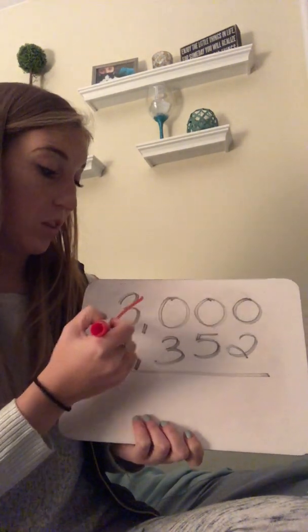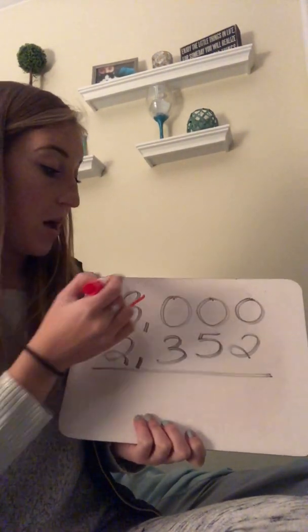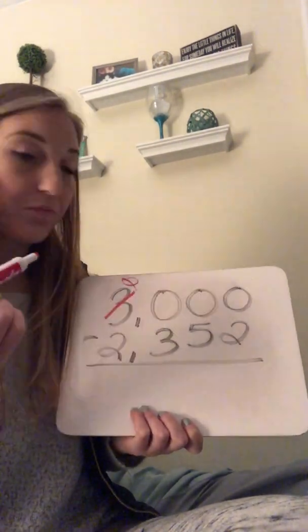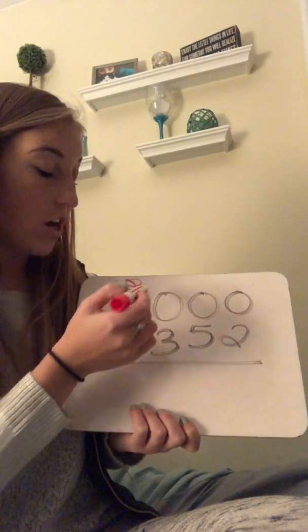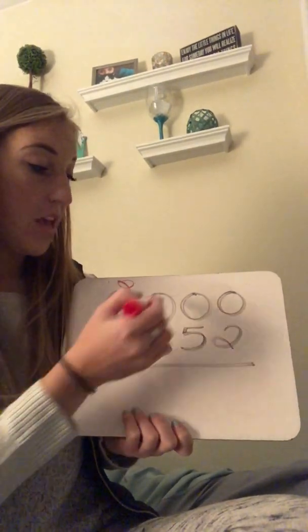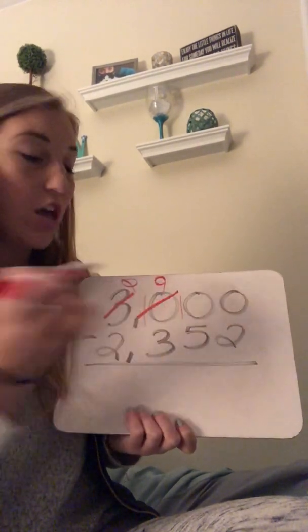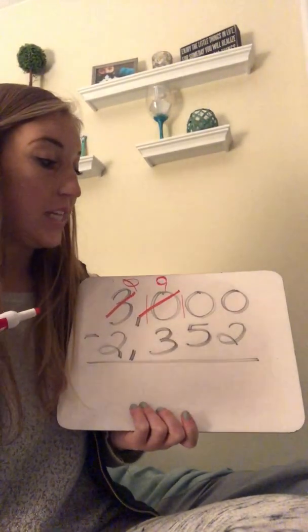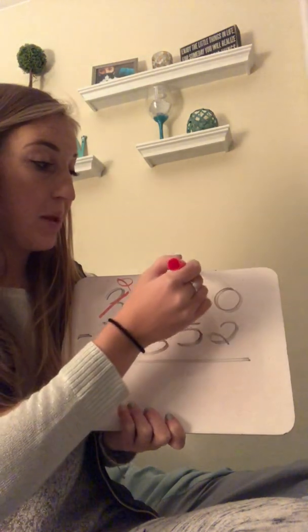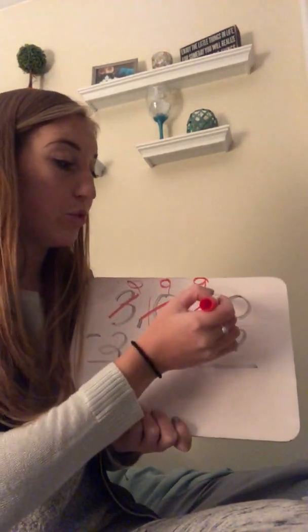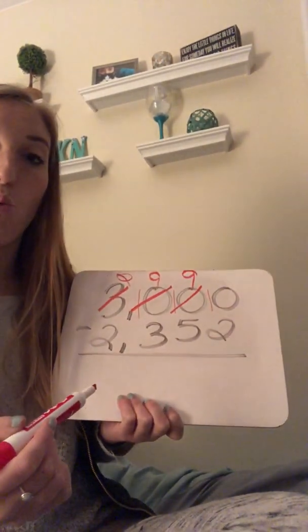So you need to start with the 3 in the thousand spot. That will become a 2. Your tens or your hundreds will become 10. Now cross that out, make it a 900 and regroup to 10 tens. Cross that out, make that 9 tens and regroup to 10 ones.